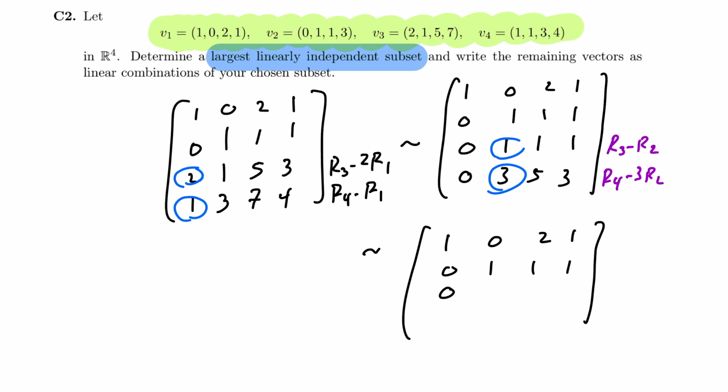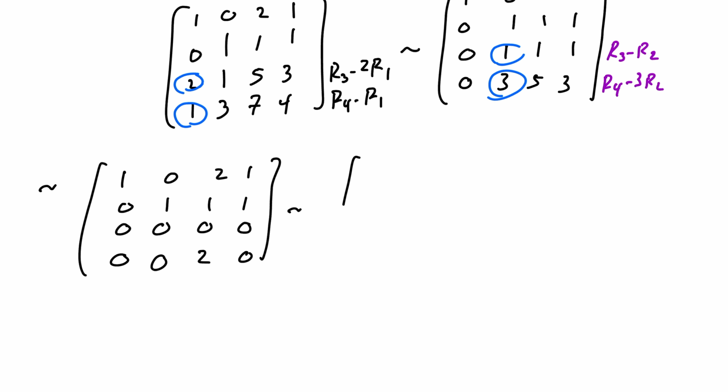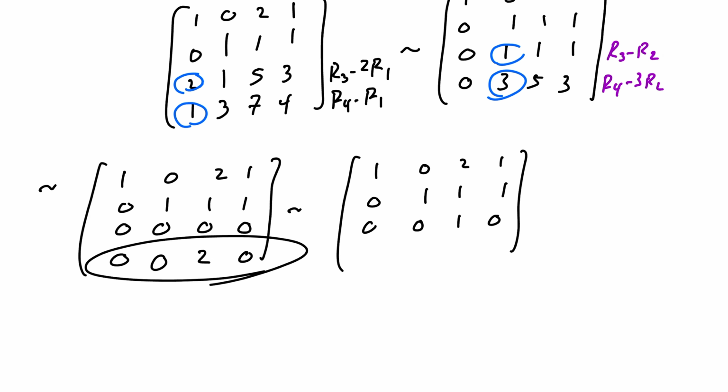This ends up being zeros all the way across, and then this ends up being 0, 0, 2, 0. All right, let's reorganize this. So 0, 1, 0, 2, 1, 0, 1, 1, 1, 0, 0, 1, 0. I'll just multiply that by a half. And then lastly, I have 0, 0, 0, 0.